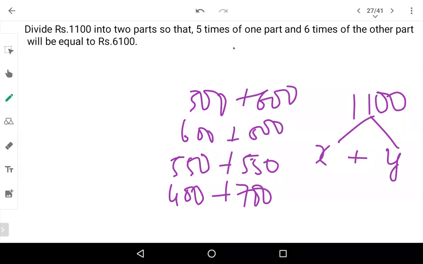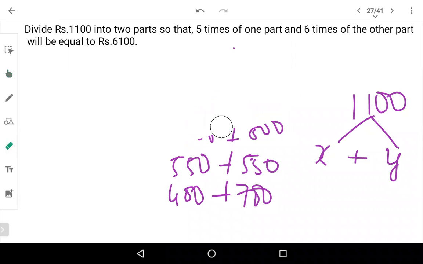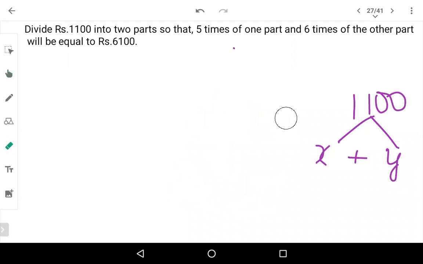Okay, there is one more piece of information given in the question. Divide 1100 into two parts so that 5 times of one part and 6 times of the other part will be equal to 6100. So scenario number 1 is we are dividing 1100 into two parts, so when you add those two parts, you should get back 1100.